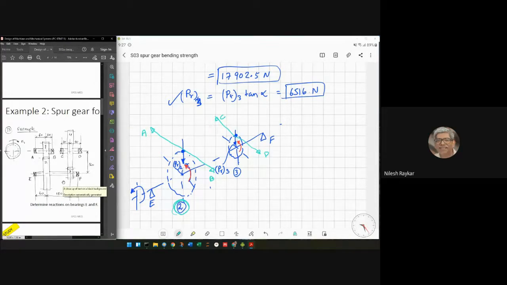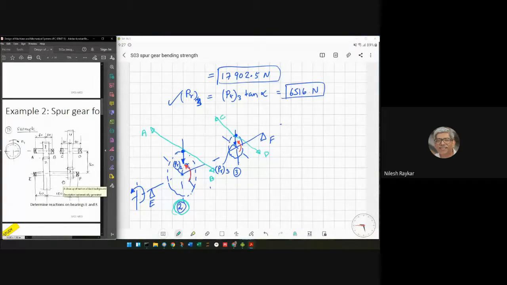Force along A would give an anti-clockwise torque. So what is the consideration for determining the force? You are right, your answer is correct. Just elaborate it a little. That gear is moving in the anti-clockwise direction. Sir, it is a driven gear. Yes, that is more clear.